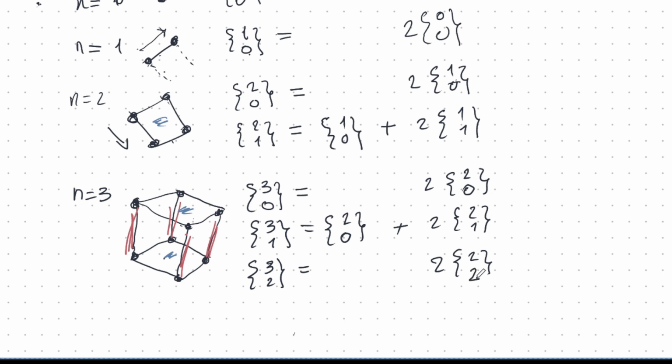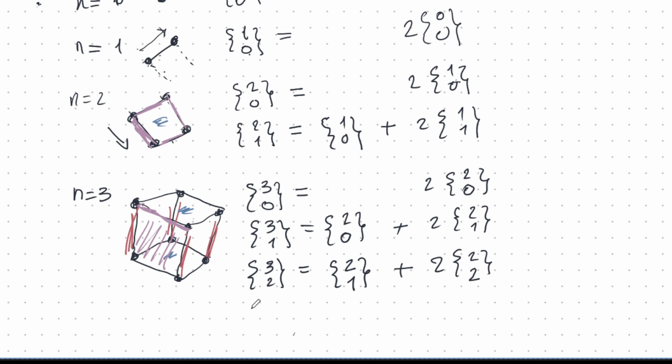Because face has dimension 2. And for each edge, let me color for 1 edge here, I got 1 face here, you see? So for each of these edges, I'm going to have another face. So I have to add all the edges of the previous construction in dimension 2. So there's dimension 2 and edges are dimension 1.